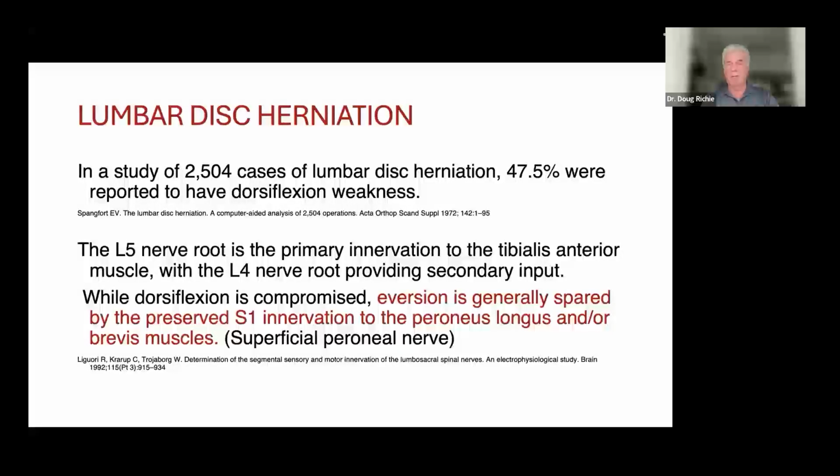The peroneus longus and brevis still maintain innervation from the sacral nerve roots to the sciatic nerve. So that's a good way to differentiate perhaps a stroke patient or a common peroneal nerve entrapment, which will include the superficial peroneal nerve.